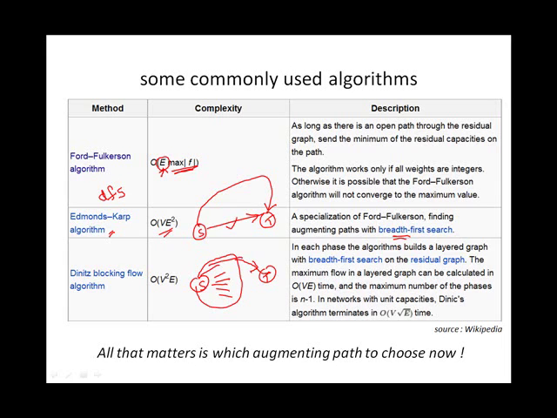Instead, if we use the information we gained in the previous steps to find the next augmenting path, that would decrease the complexity. That is what Dinic's blocking flow algorithm does, and it is shown that the complexity for this algorithm is O of V square E. So all that our algorithm depends on is what is the next augmenting path we choose and how we choose that.